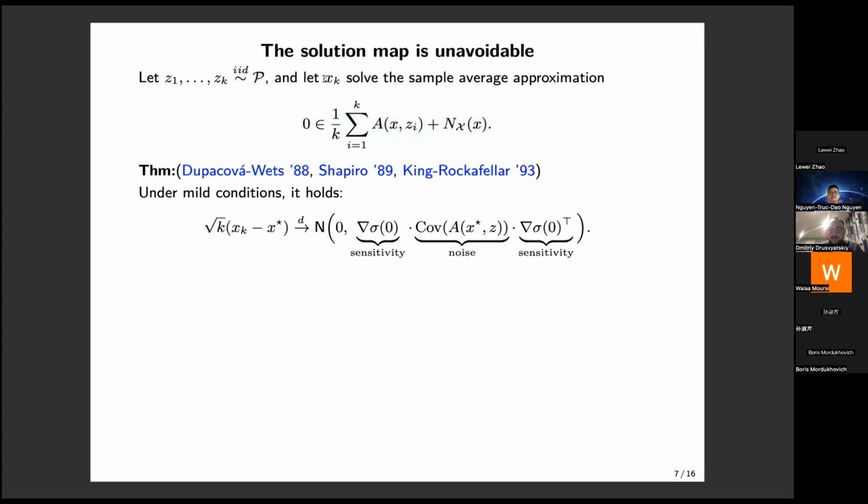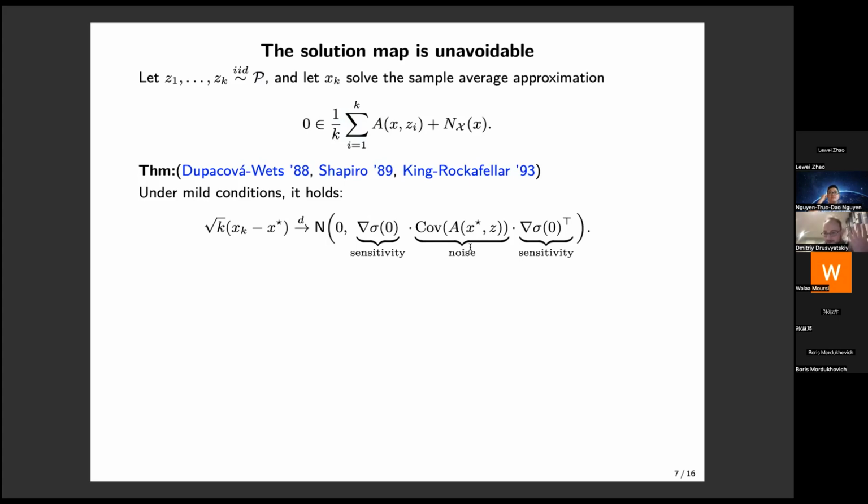So xk is now a solution to this equation. It has been known for a while that there is asymptotic normality for this problem, and under mild conditions the result looks like this. If you look at xk, the solution to this empirical version of the problem, take xk minus x star, and rescale by root k, that converges in distribution to a normal, which is what we want.